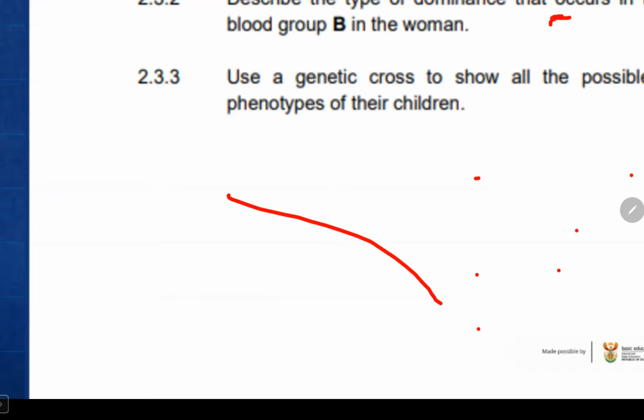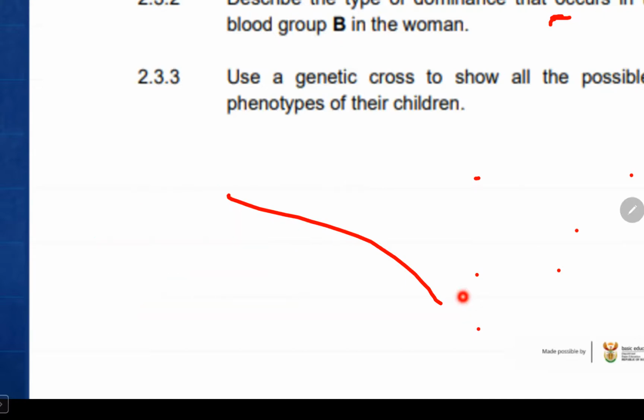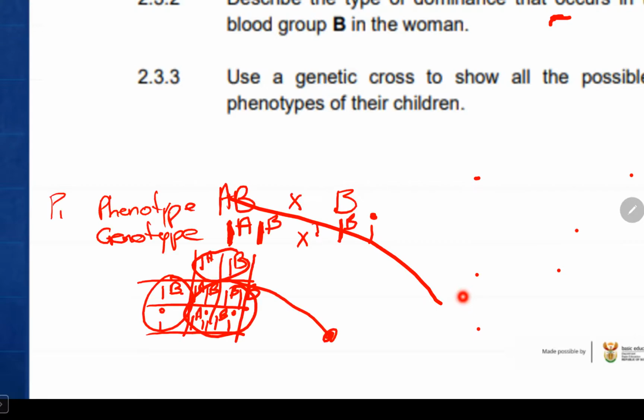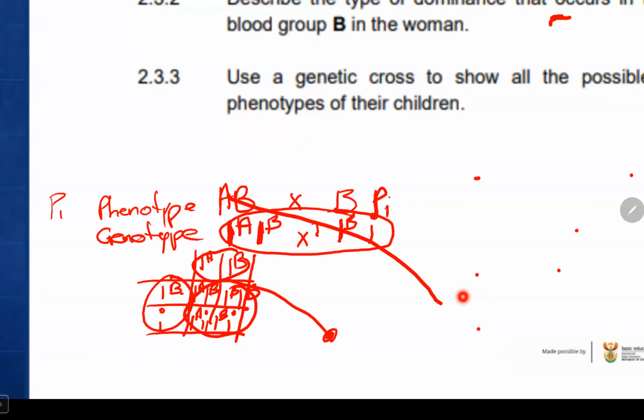So you get a mark for the correct gametes, meaning the correct things that you wrote inside that block. So 1 mark for this. You get a mark for the correct genotypes. And then you will get marks for giving me the genotypes of the parents over here. And you get marks, very important, for indicating P1, F1, which is our children.